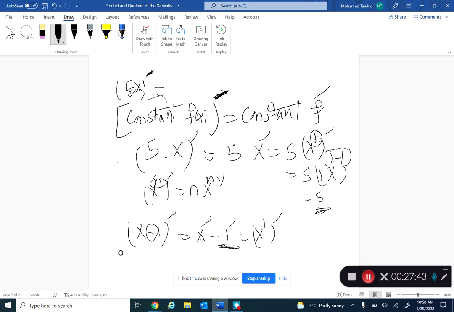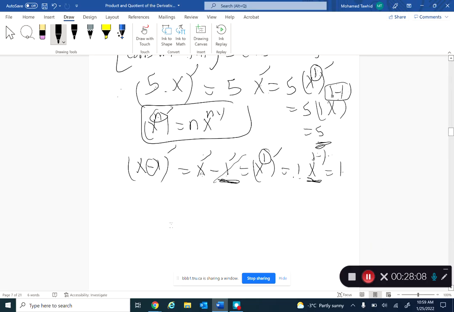The second term is a constant. I mentioned the derivative of any constant should be 0. So for x prime, what is your n again? Here is the rule I'm applying. Your n is 1. It will be n minus 1, so you get 1 minus 1, which is 0 again. x to the power 0 is just 1. So here that is 1 multiplied by 1, you get 1.